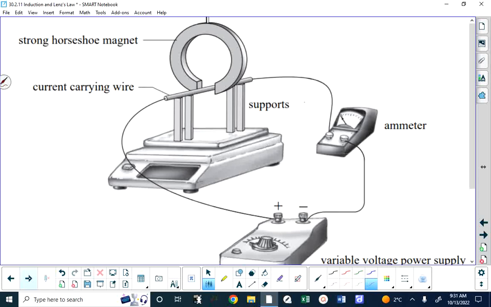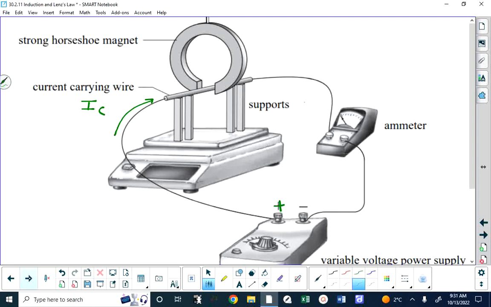If we take a look at the orientation of the potential difference, the positive terminal is here. And that means that conventional current, I'm a conventional current kind of guy, will be flowing in this direction. And that means that when the conventional current is in between the poles of the magnet, it is moving in.